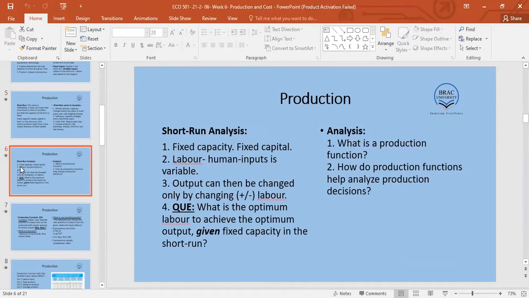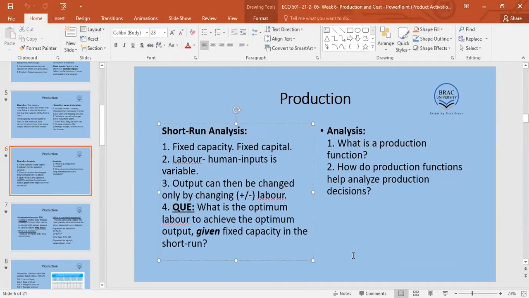Okay, now we are looking at the short-run analysis of production. That means the only variable input that we have is labor. Capital is fixed. So the question that we want to ask is, what is the optimum labor to achieve the optimum output, given the fixed capacity in the short run? How many things are there in this question?